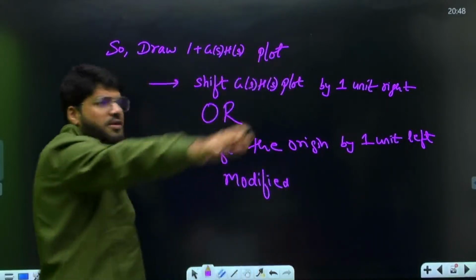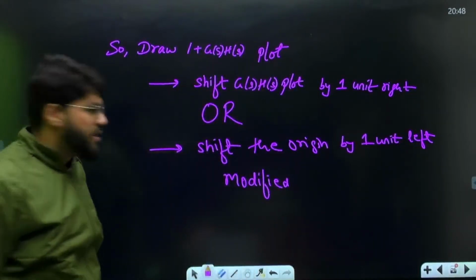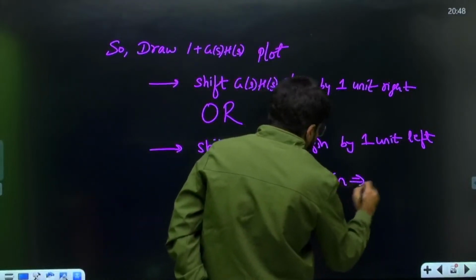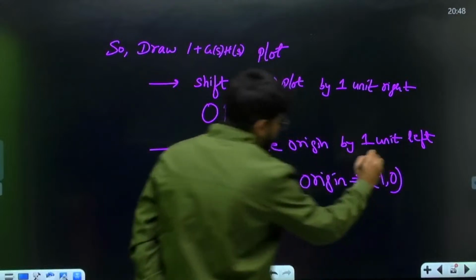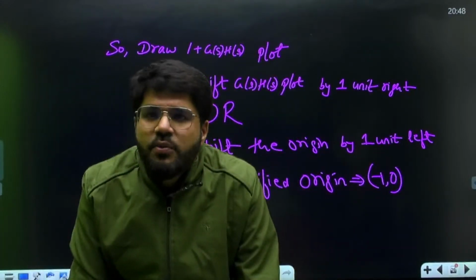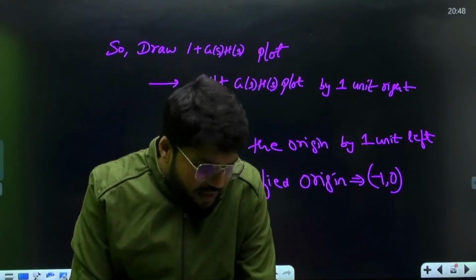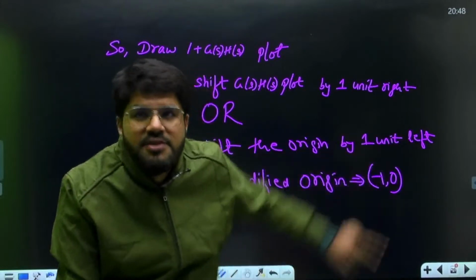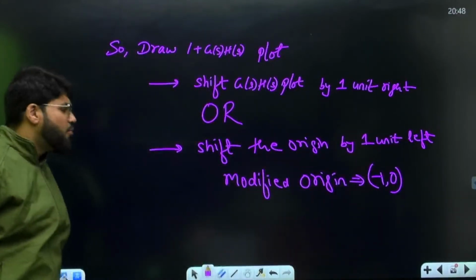Don't shift the plot, draw the G(s)H(s) plot, just assume a new origin. We call it the modified origin, minus 1, 0. That is the reason whenever you have studied the Nyquist plot, we talk about the encirclement of minus 1, 0. That is the reason behind that. Call it the modified origin.